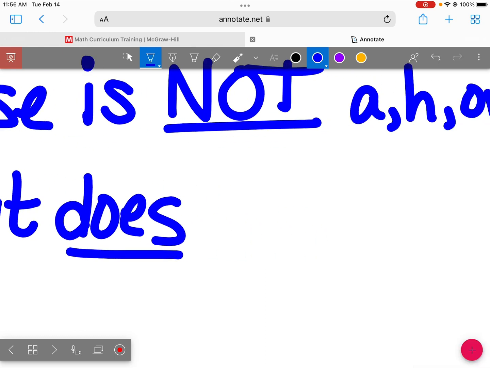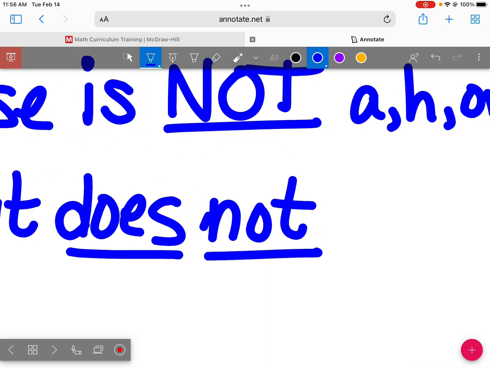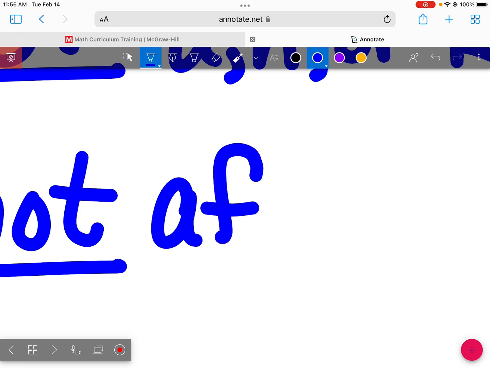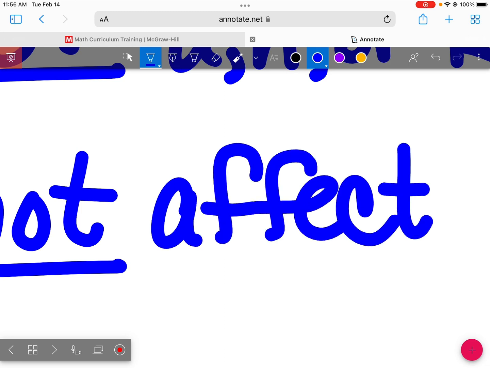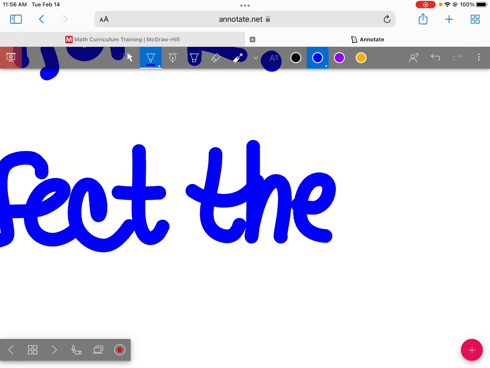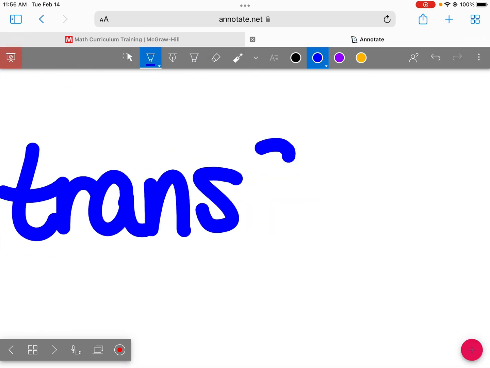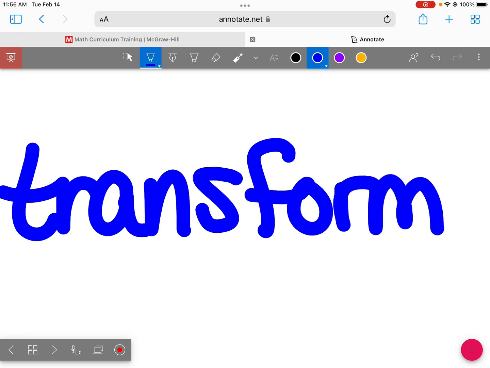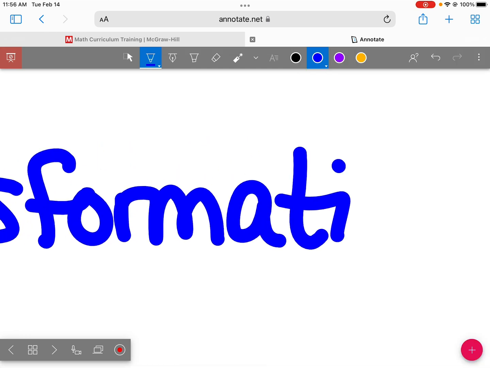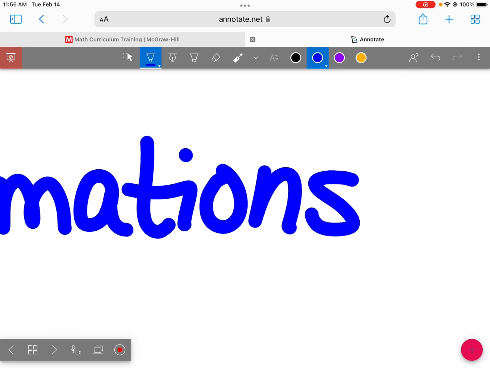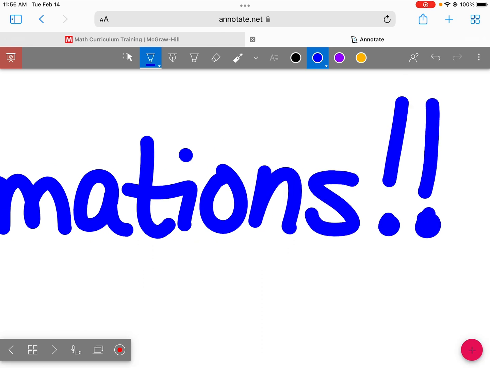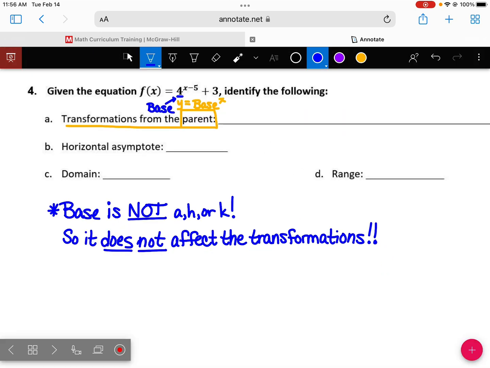So it does not affect my transformations. The parent would be y equals 4 to the x.